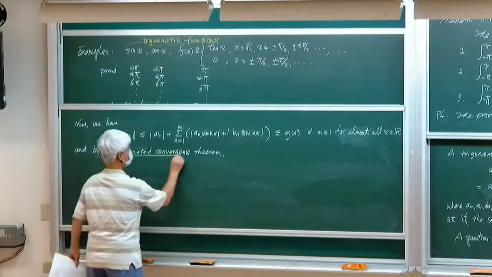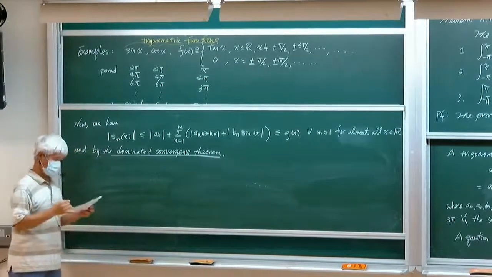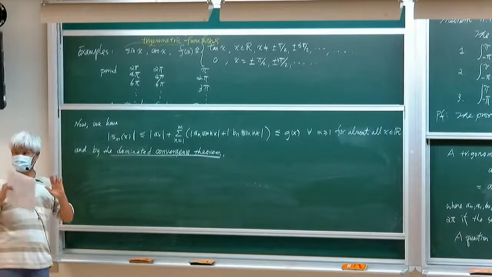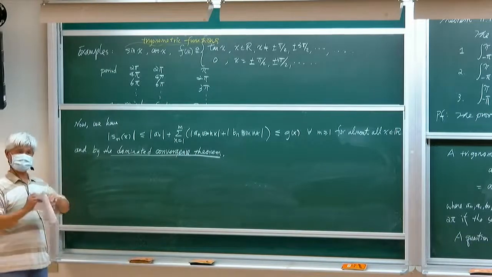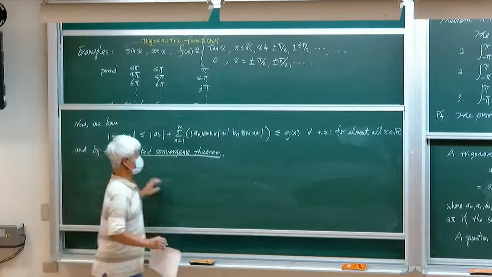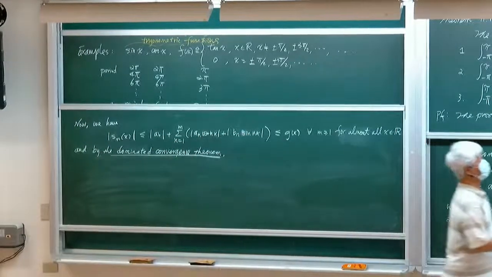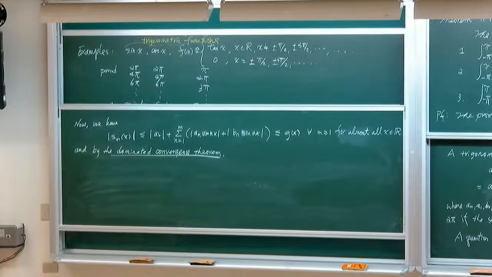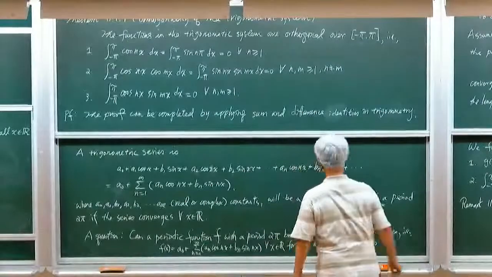The dominated convergence theorem, I have stated the theorem in my lecture notes, it is long. So I don't want to state it here. So I give you the reason that our target is here, right? This is our target.